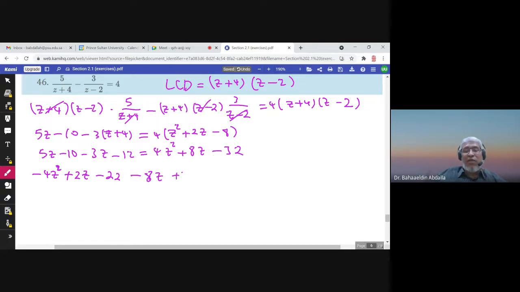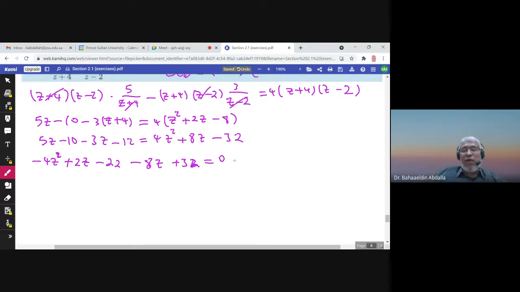And negative 32 would be positive 32. All of this equals 0. So I will have what? Negative 4z squared. And now 2z minus 8z is negative 6z. And now negative 22 plus 32 is plus 10.